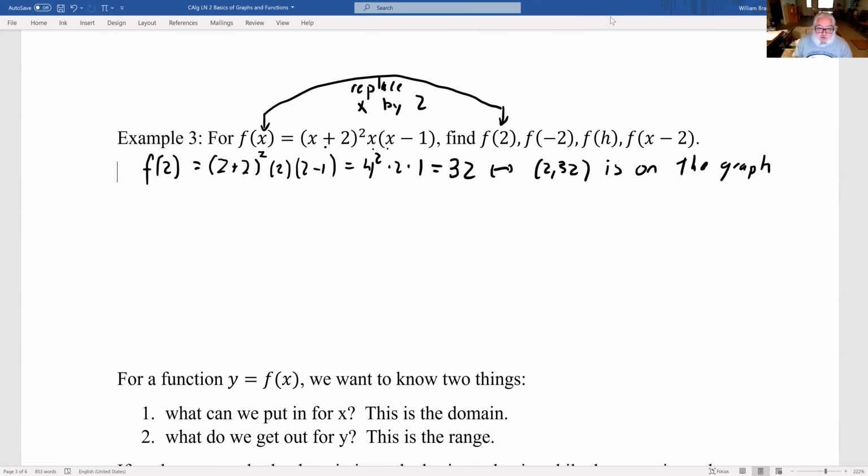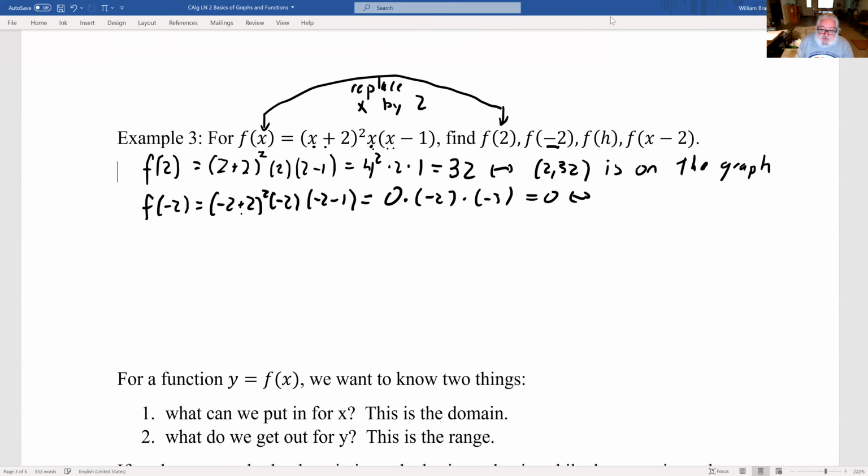Okay, what's f of minus 2? Same deal. Wherever we have an x in the formula, you replace it by the number minus 2. So it becomes minus 2 plus 2 quantity squared times minus 2 times minus 2 minus 1. And that would become 0 because minus 2 plus 2 is 0, times minus 2 times minus 3, and that's 0.